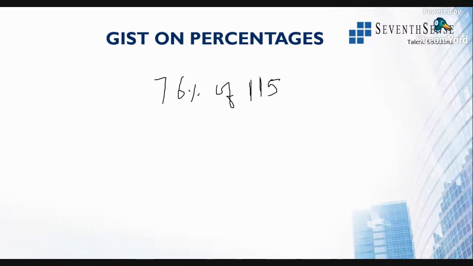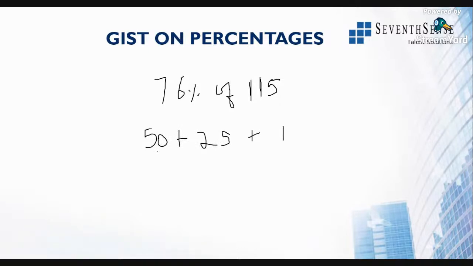But if you want to go with the shortcut method, that is, instead of complicated multiplication, simple addition, you can go ahead with that. So here 76% is the value given. So 76 is nothing but 50 plus 25 plus 1.